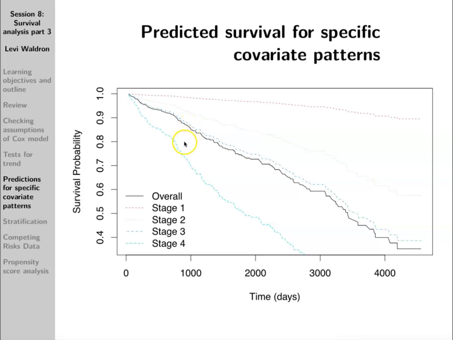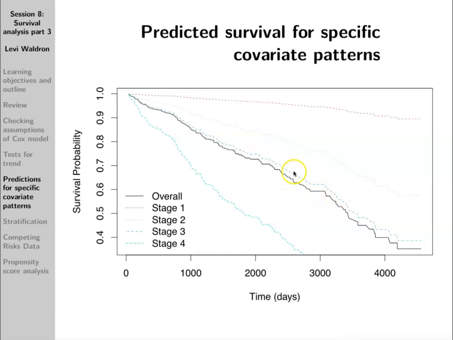And then with each of these other lines, I have just multiplied this line by my coefficient for stage 1, 2, 3, and 4. So you see that for stage 1, which had a much lower hazard, you have a higher survival. And we have a line right up here. Stage 3 had a hazard ratio very close to 1, and it sticks fairly close to the black line.